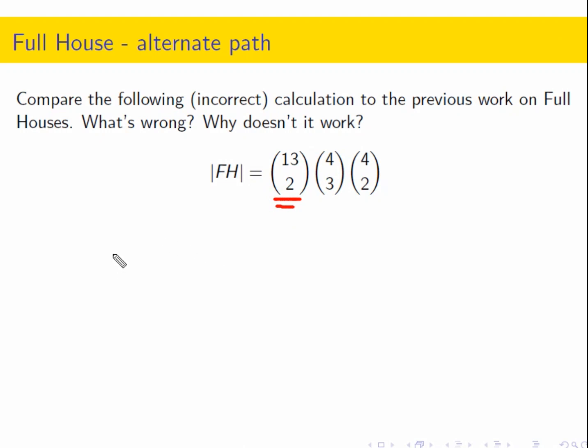So now what we're saying, if we have jack, jack, jack, 4, and 4, right? That hand, we're saying that that's exactly the same as 4, 4, 4, jack, jack.